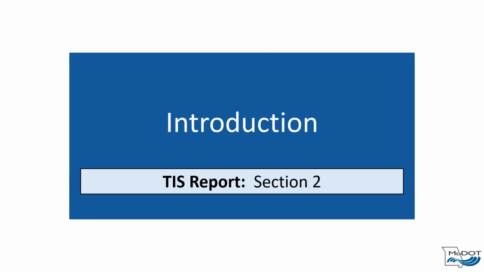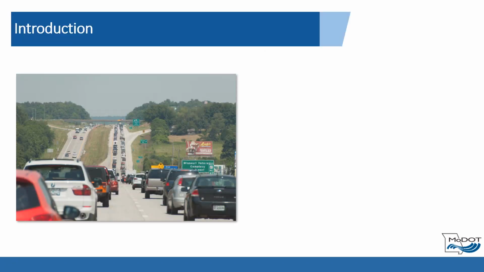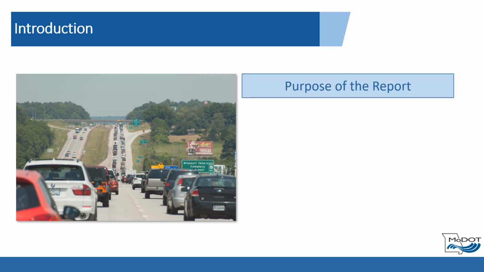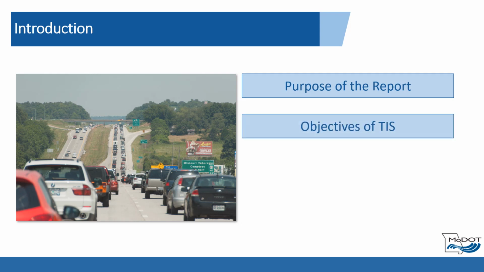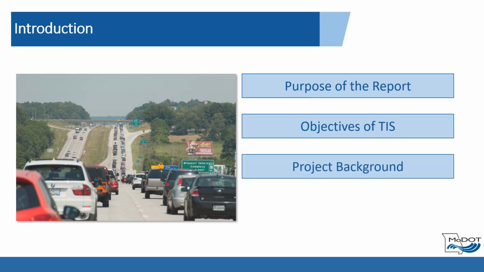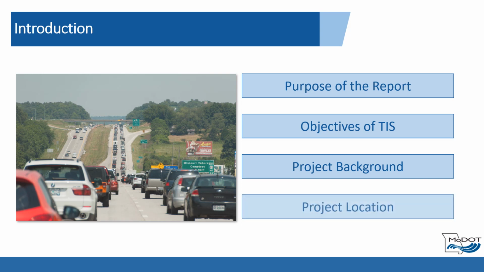TIS Report Section 2 is the introduction. The purpose of the introduction section in the TIS report is to describe the purpose of the report, outline the objectives of the traffic impact study the report summarizes, provide an overview of information relevant to the project background, and briefly describe the project location.